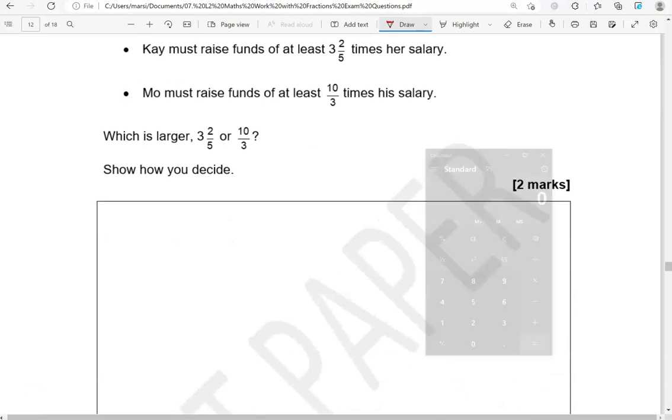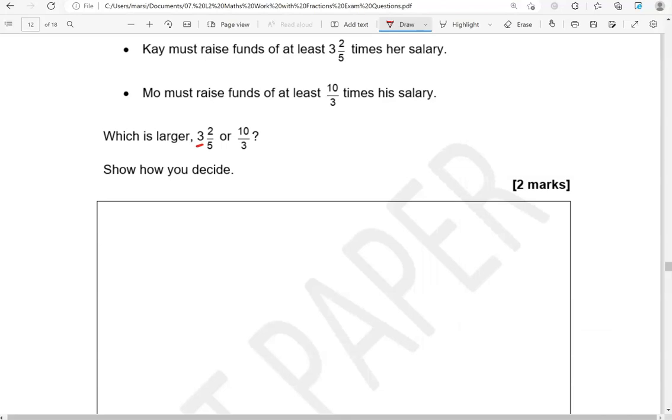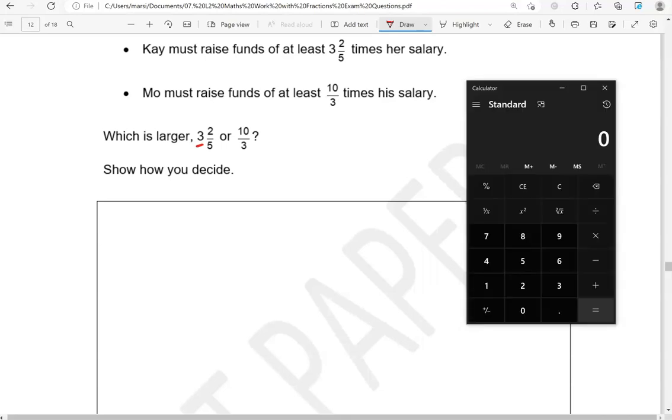As we can use a calculator, I'm gonna leave the 3 to one side, and I'm just going to do 2/5 converted into decimal. So 2 divided by 5, which is 0.4. Add the 3 that we've got, that gives us 3.4.